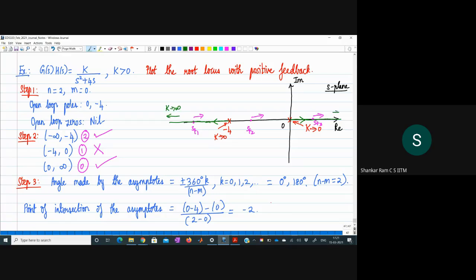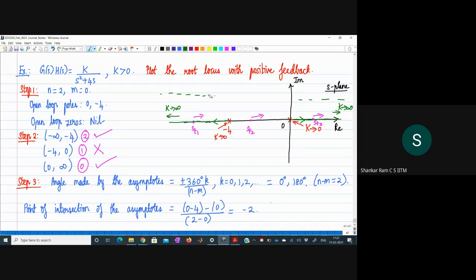Okay, so let me reason out once again. So there are two asymptotes which make an angle of 0 and 180 degrees. So I can't have one asymptote like this and another asymptote like this, right? I can say they make an angle of 0 and 180 degrees as it tends to infinity, but they don't intersect at -2, right?